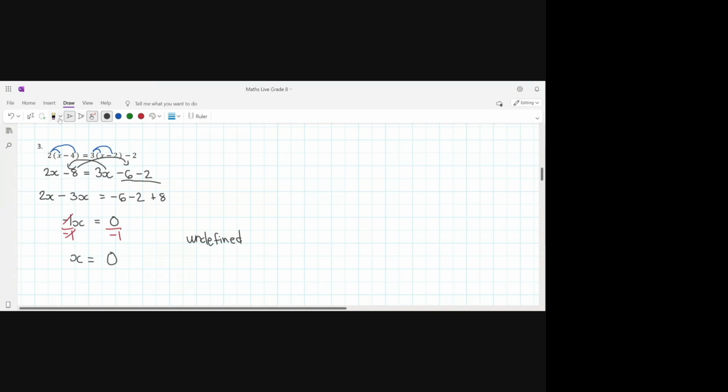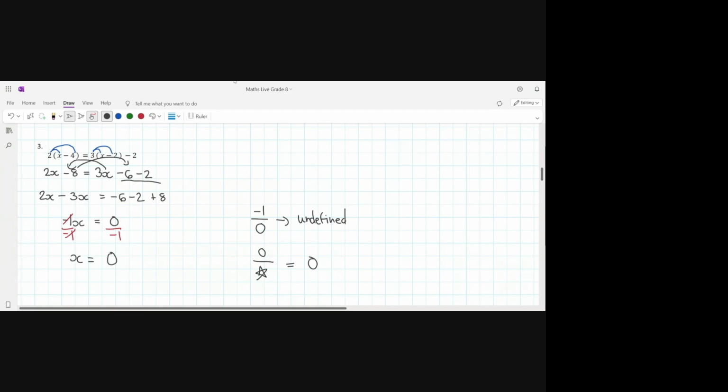If I was doing it the other way around, if I was dividing by 0, then my answer would be undefined. So if I had -1 divided by 0, this answer is undefined. Okay, I cannot divide by 0. But if I have 0 divided by a star, the answer is still going to equal 0.